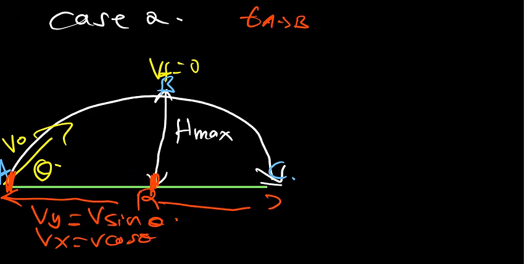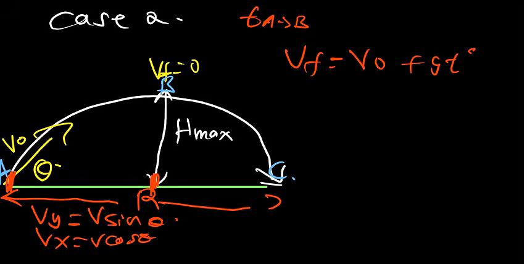Now we have this situation, guys. When an object is going up, we are using the y-axis. Whenever we're talking about the range, we are using the x-axis. So to find the time in this case from A all the way to B, we are using the y-axis, meaning that we can use this formula: V final is equal to V initial plus GT.